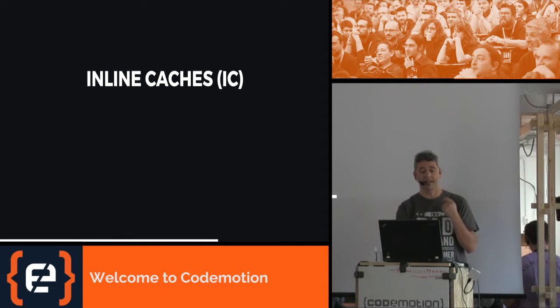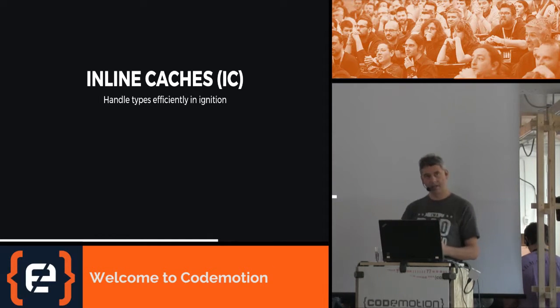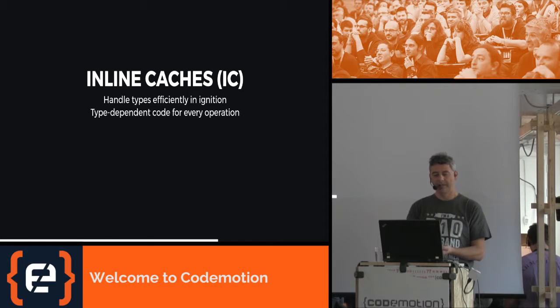But there's a trick. There is the trick of inline caches. Inline caches, they have this name because in the previous compiler, they were stored inline in the code. And the code was self-modifying. So it was really inline. And essentially, they handle type efficiently. They have type-dependent code for every operation. So let's say you have to access an object element.